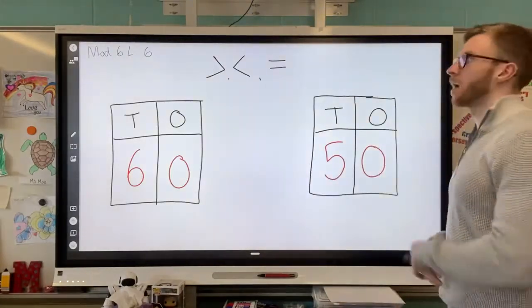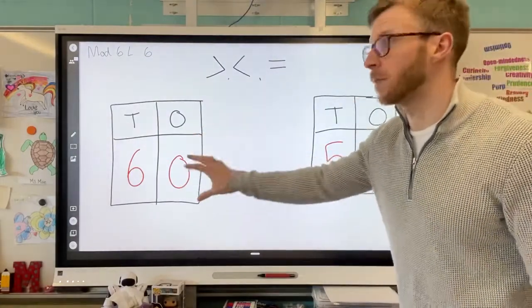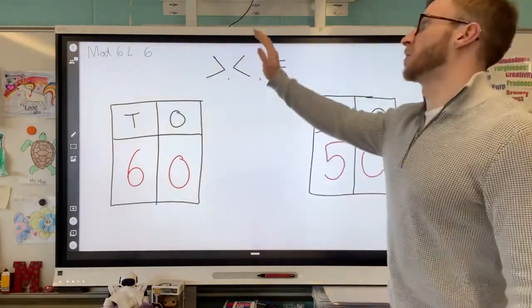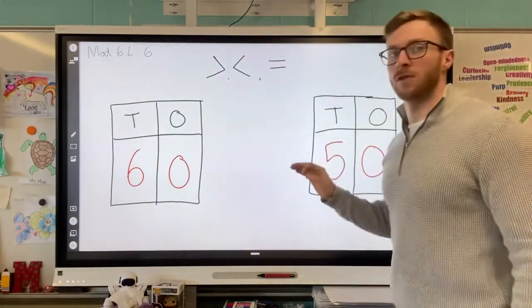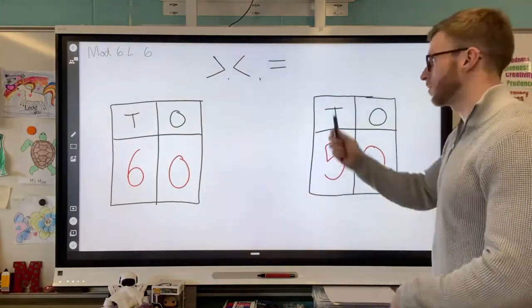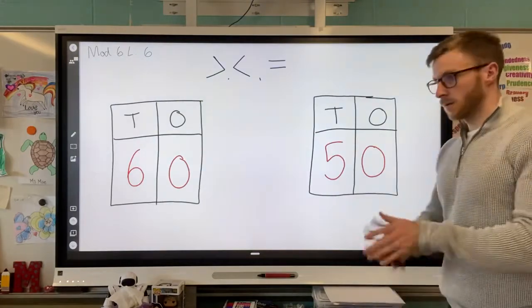Which symbol are we putting up here? Remember, we read from left to right. Okay, so we're going to start by saying 60 is greater than, less than, or equal to 50. All right, give it a couple of seconds. Think about which symbol you're going to be putting in there. 5 more seconds.